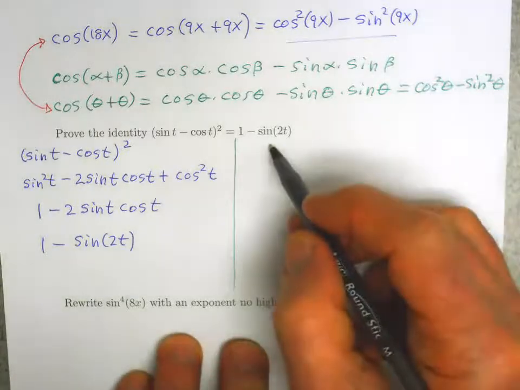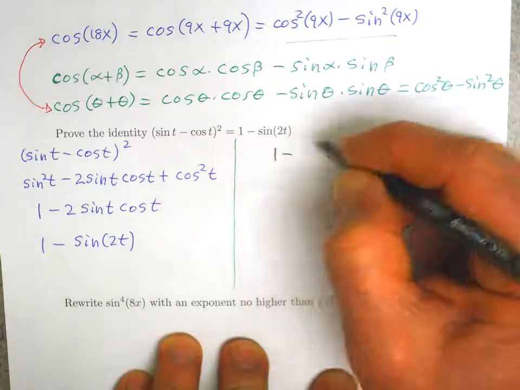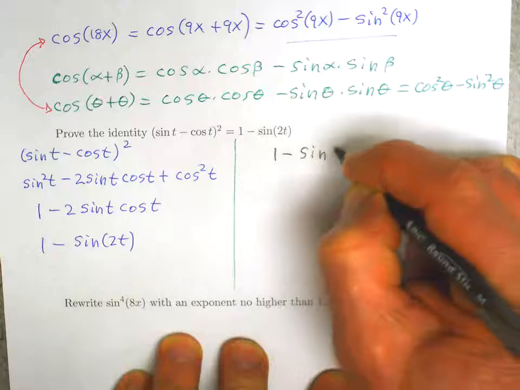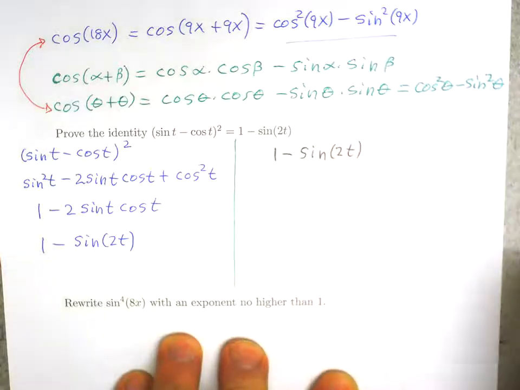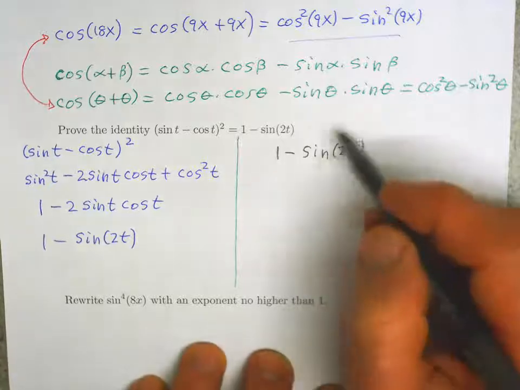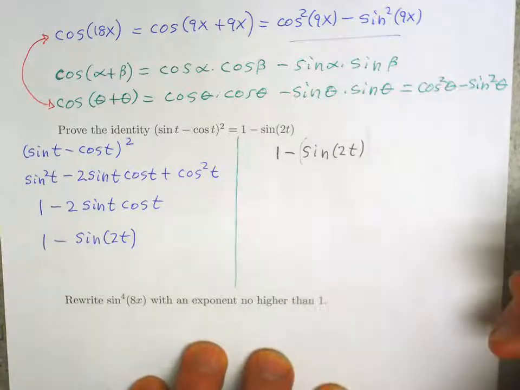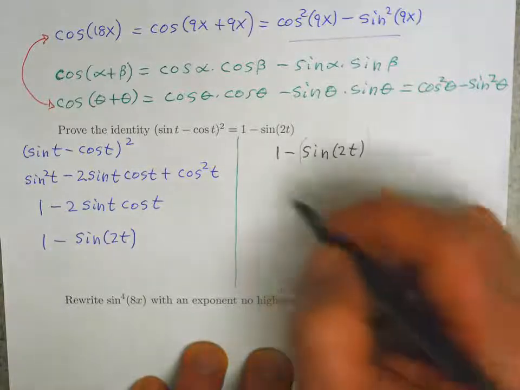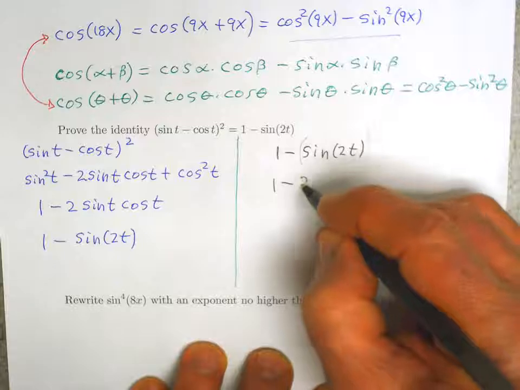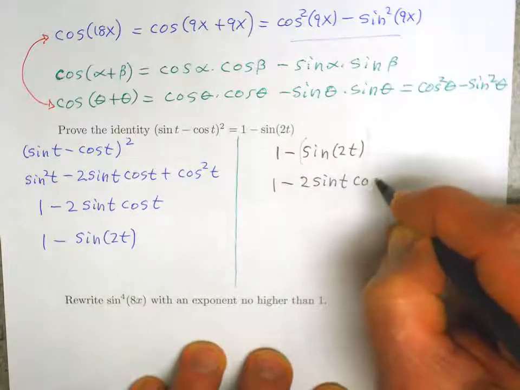So that seemed to be pretty straightforward. But if we begin with the right-hand side, is it going to be as easy? 1 minus sine of 2t. Well, we can apply the formula for sine of 2t. So this is 1 minus 2 times sine of t times cosine of t.